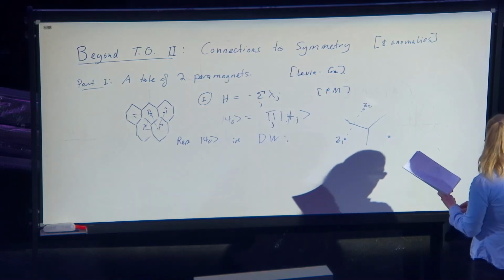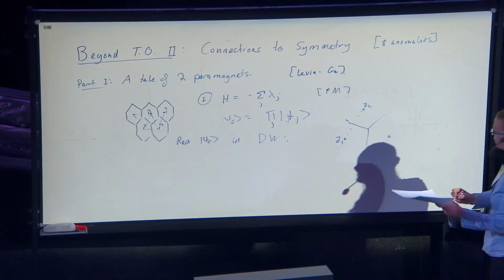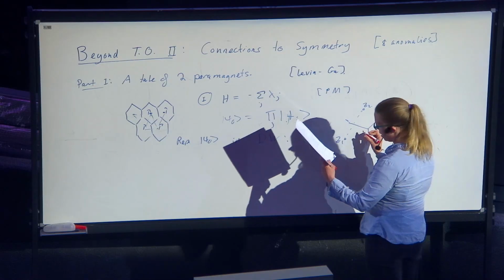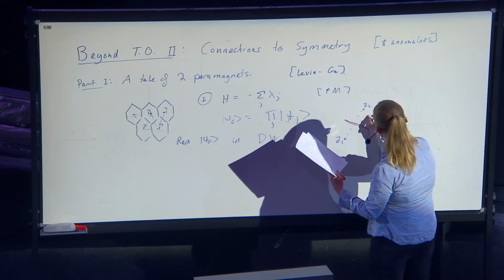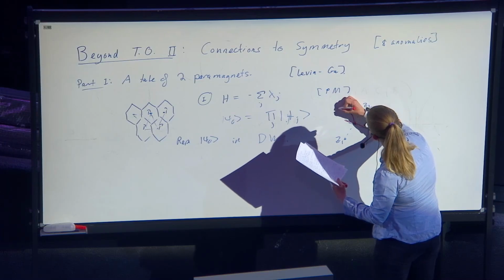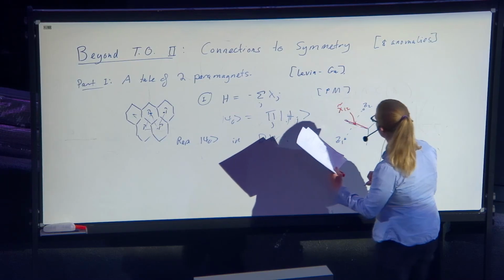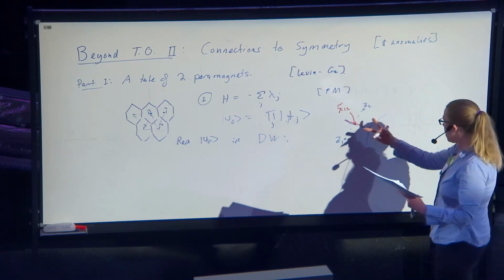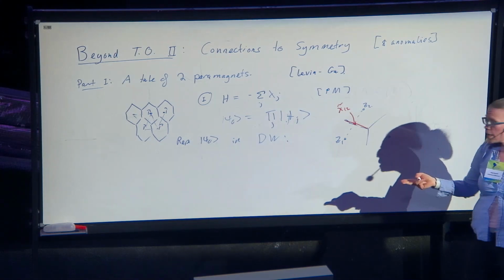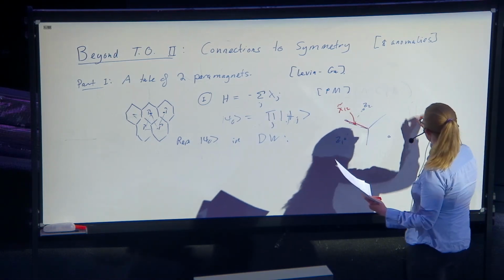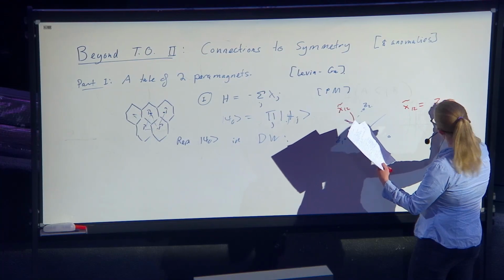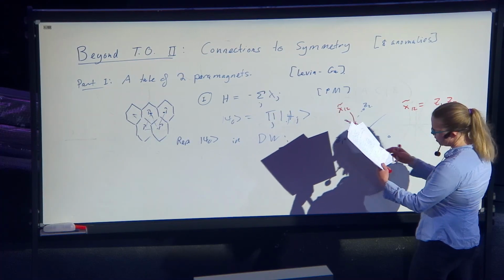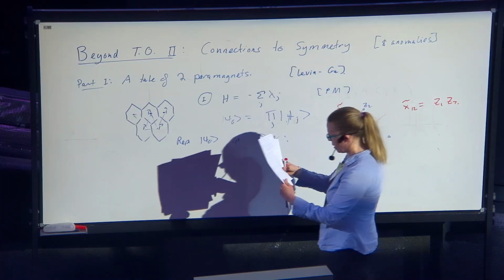And I can assign a variable to this edge, let me call it x twiddle 1,2. All I want to do is encode the information about whether these two spins are the same or different, and I do that by saying that x twiddle 1,2 is just Z1 Z2. And so on for the other edges.